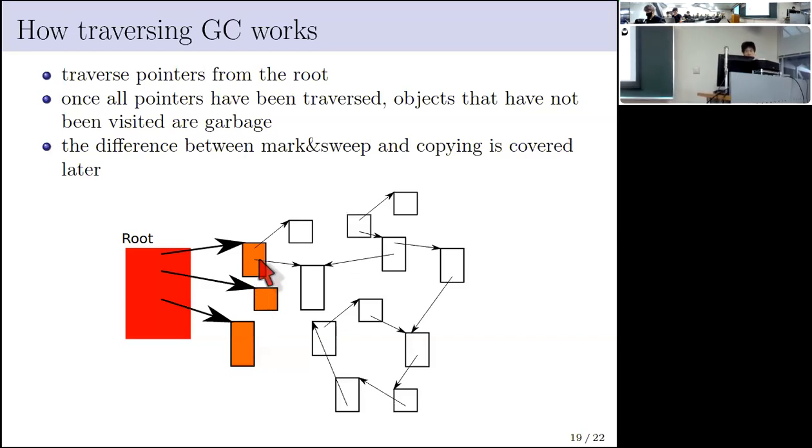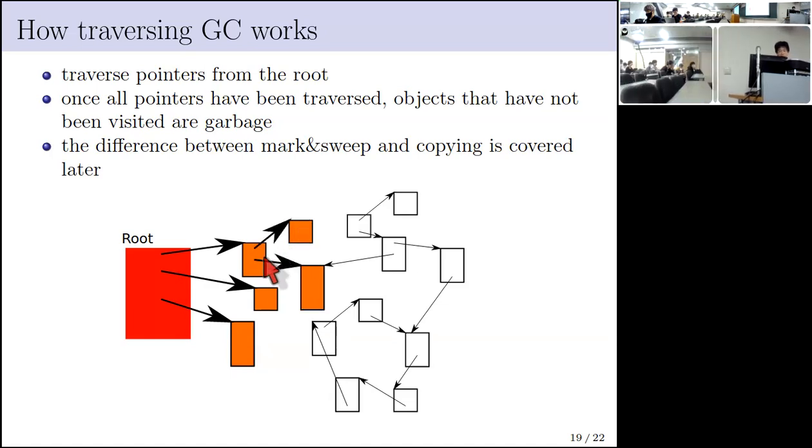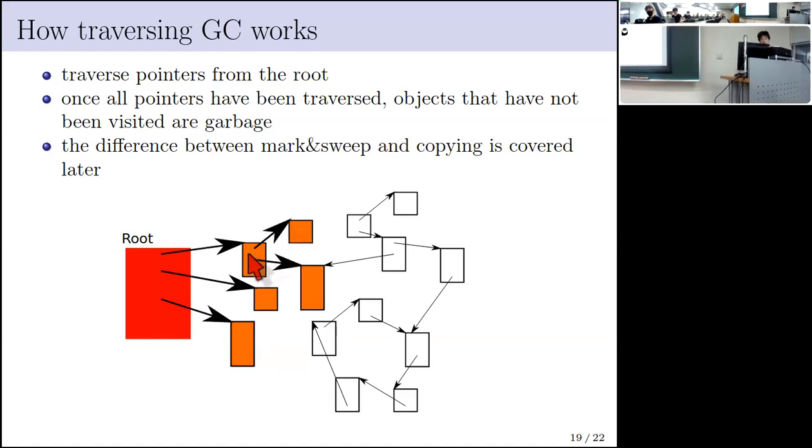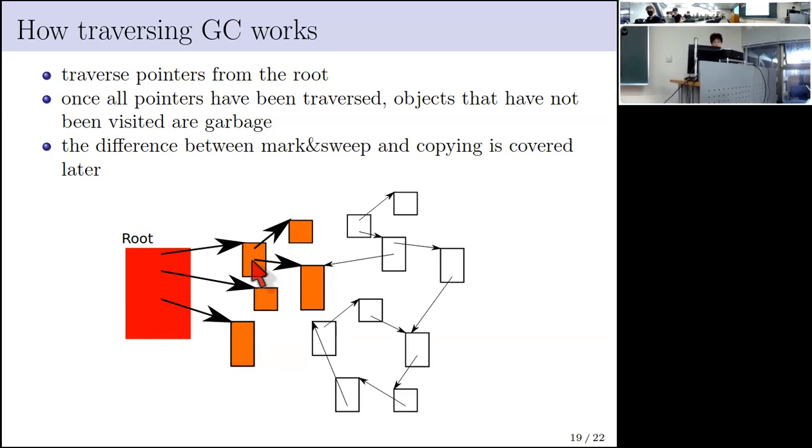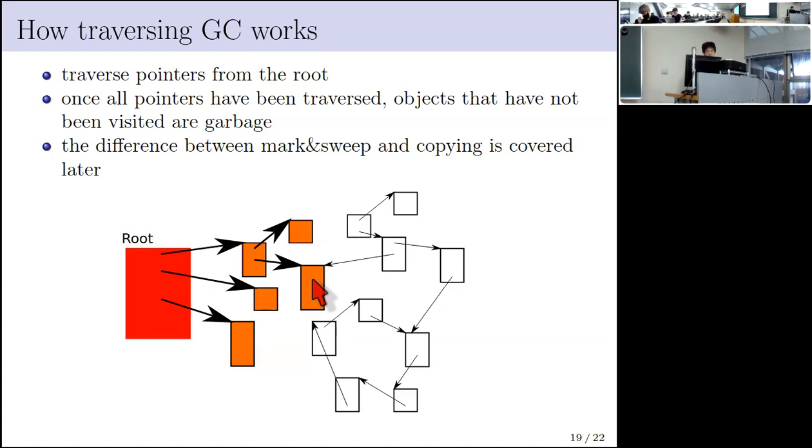Objects pointed to by one of these reachable objects are also reachable, so we mark them accordingly. We keep doing this until we do not find any more reachable objects that have not been visited already.